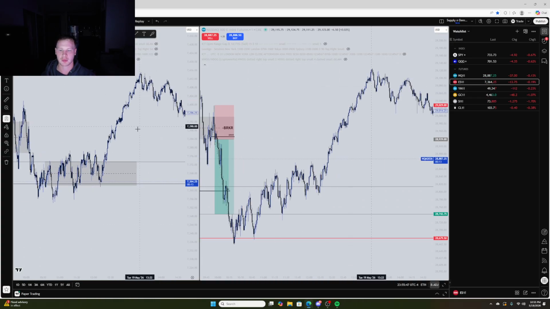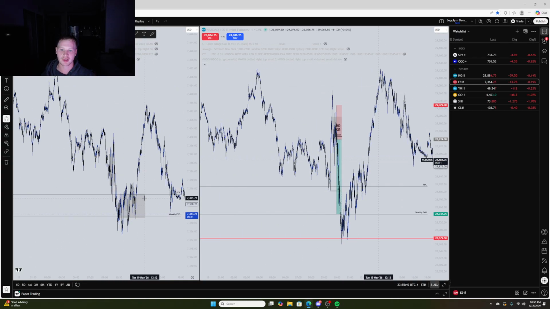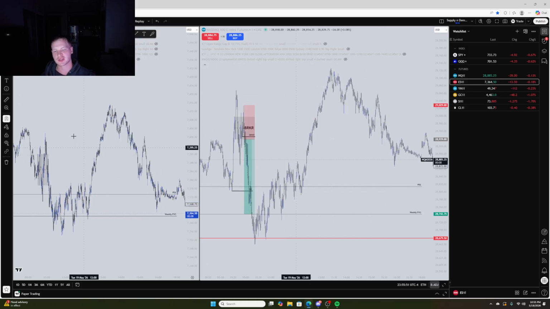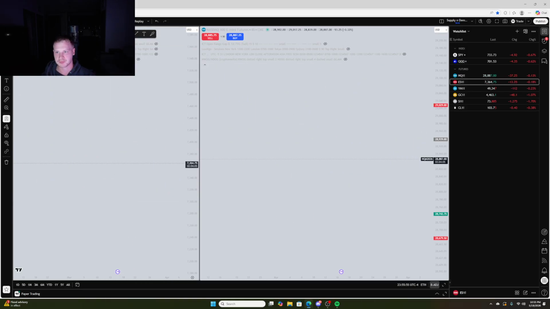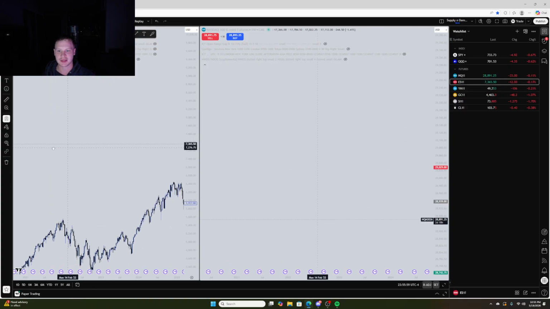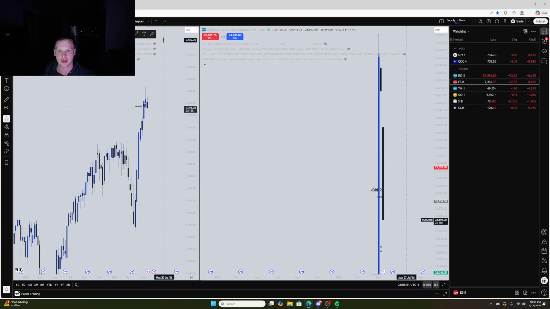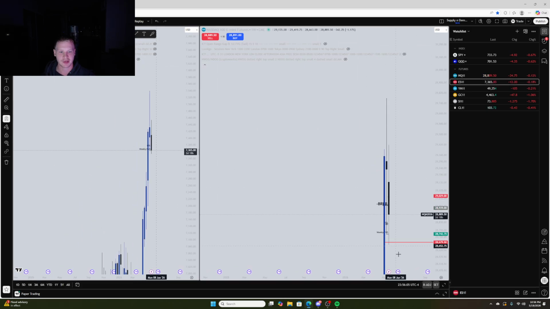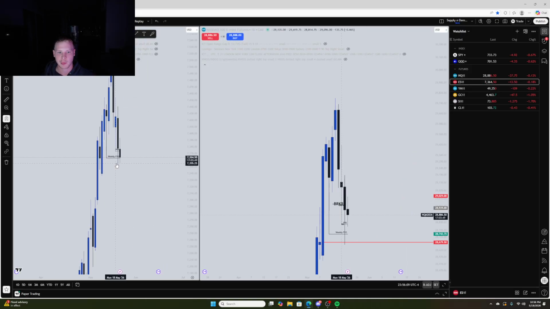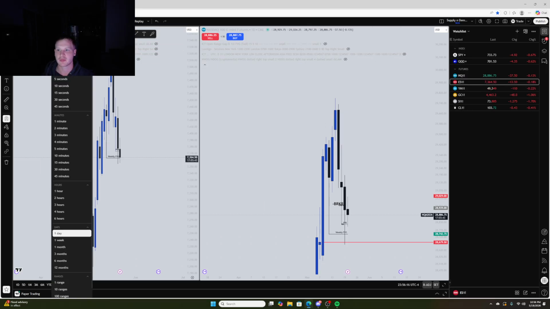Going into the rest of the week, what I do want to see, just while I have you guys here: we tapped the weekly fair value gap. What I would like to see now is some sort of SMT at the low. You can see ES is a little more bearish, so ES could end up taking out whether it's the previous day low or this low, and then we have a higher time frame SMT that can push up.